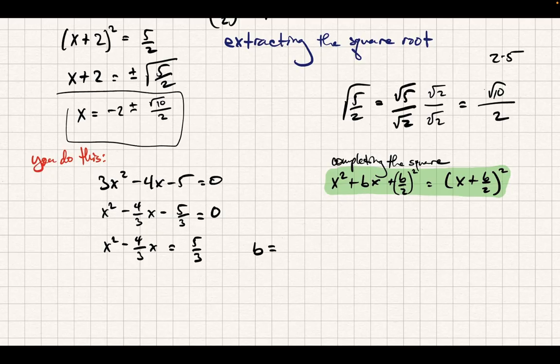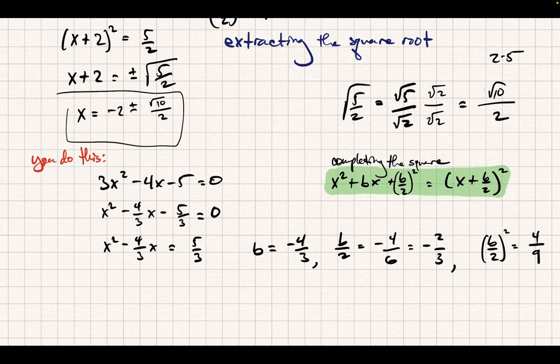Yeah, it's negative 4/3. b over 2 is negative 2/3, right. b over 2 squared was 4 over 9. I'm going to space this out a little bit because it looks like I'm multiplying things when I'm not. So here's my b, here's my b over 2, here's my b over 2 squared.